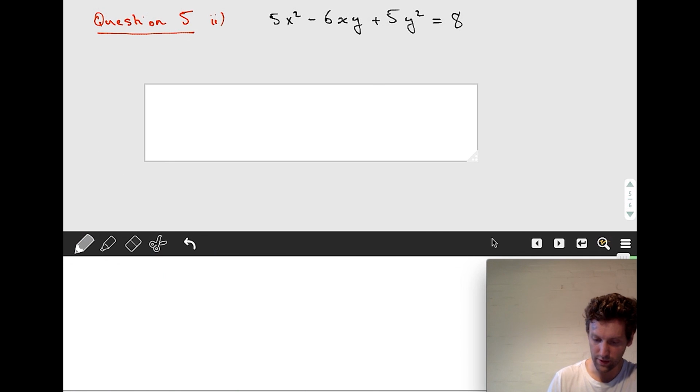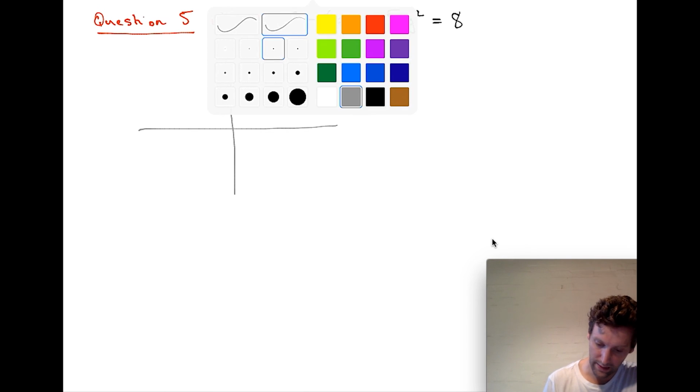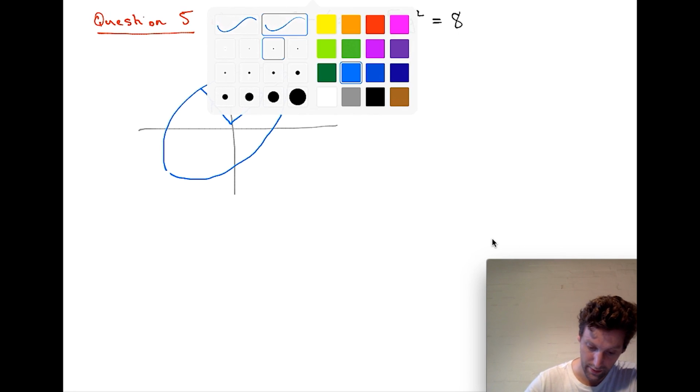If I just draw this in the xy plane, then my ellipse might look something like that maybe. And we want to find the maximum distance and the minimum distance from the origin to the ellipse.